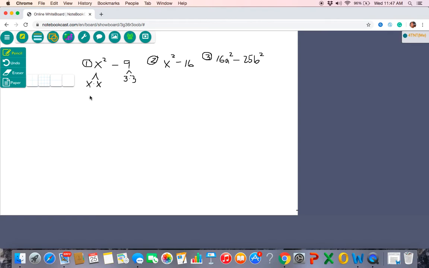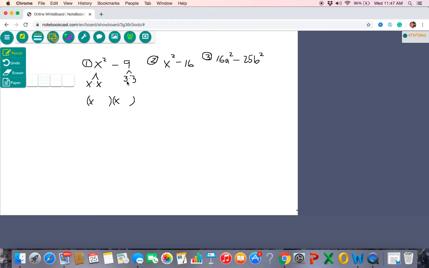Now, in order to factor, I know that this is going to turn into a binomial times a binomial. The first binomial is going to have an x, and the second one too. Because remember, FOIL: first, outer, inner, last. x times x is x squared.